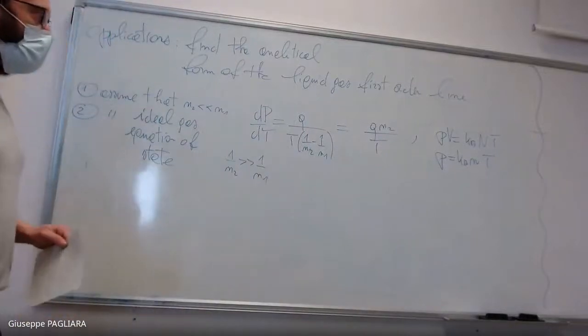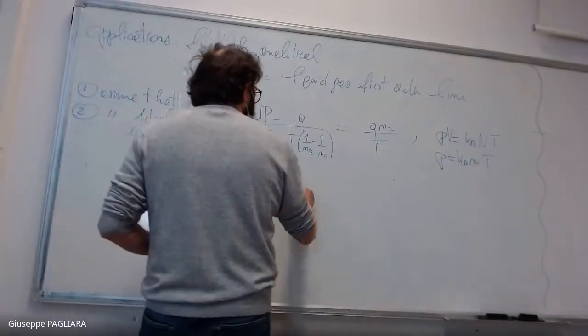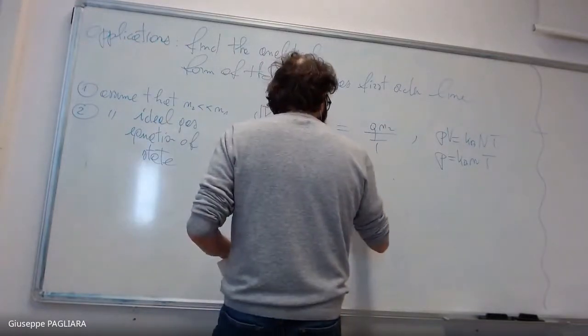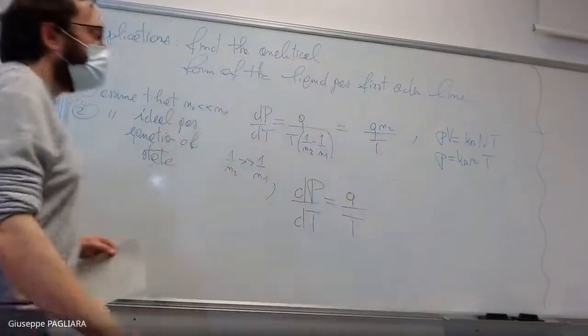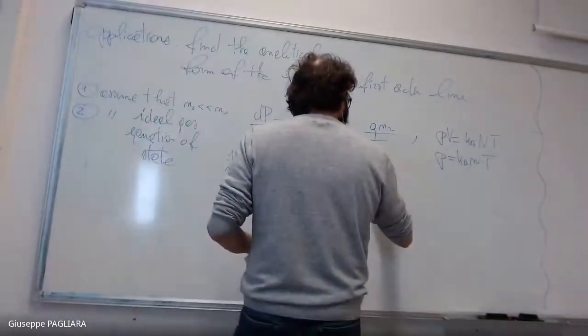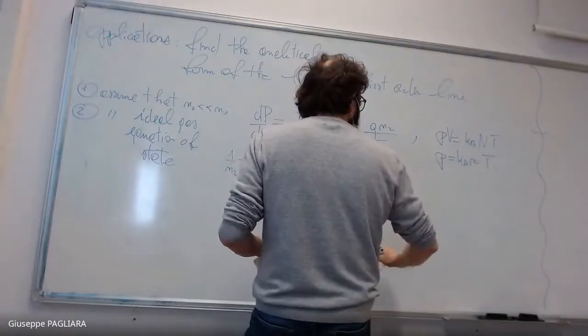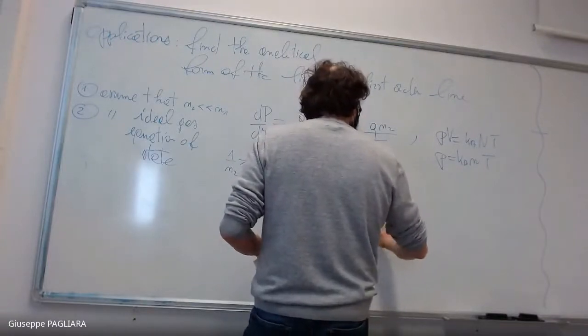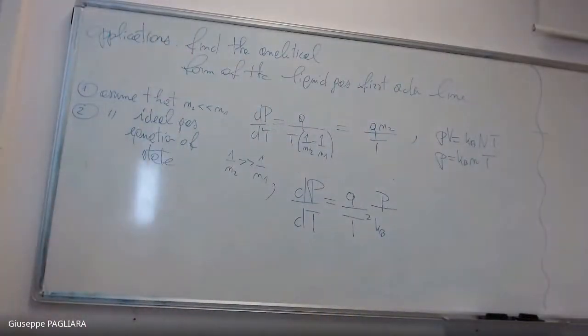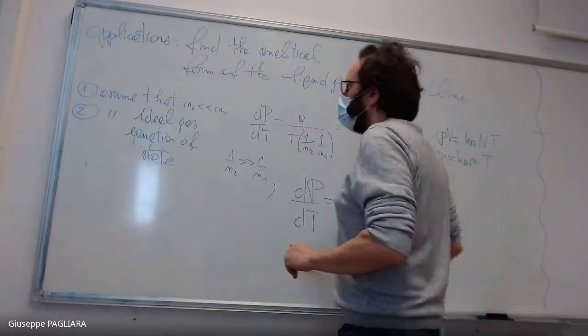And therefore here we can say that the derivative of P with respect to temperature is Q divided by T, and instead of n2, we can put P divided by kB T. So this is P divided by kB, and here I have a T squared. Okay, tutto quadra. Now it's just a matter of solving this equation.